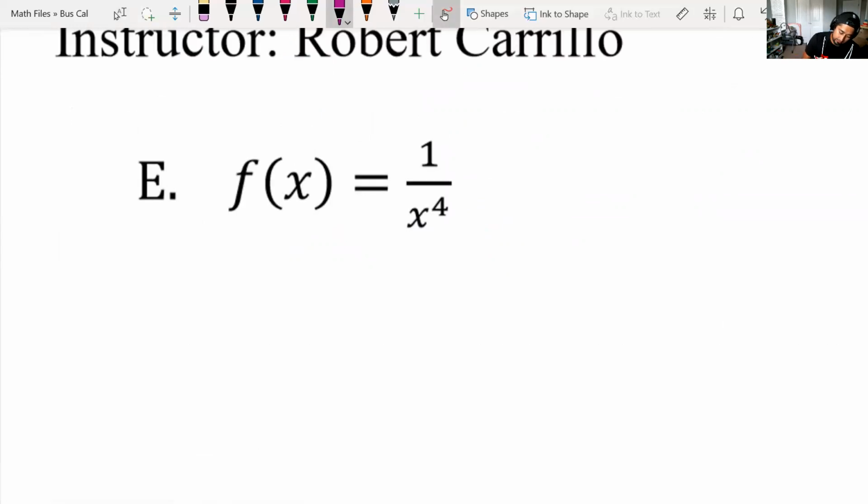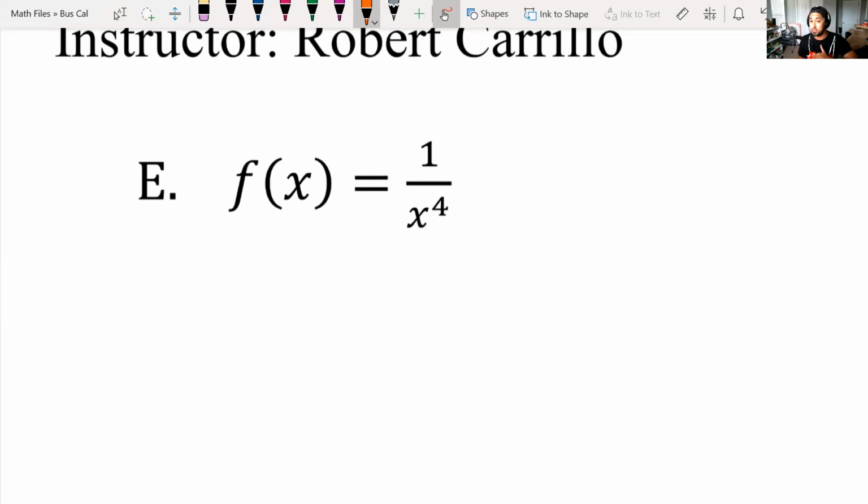All right. So for 1 over x to the 4th, we cannot take the derivative in this form, which means, again, we will rewrite it algebraically using that negative exponent rule, because we cannot take the derivative in this form yet, not until we learn something called quotient rule.